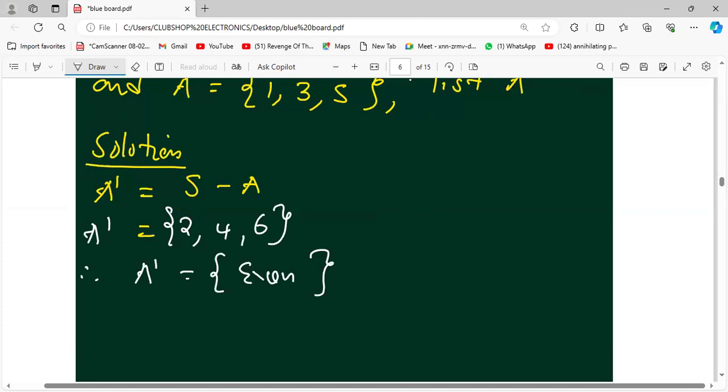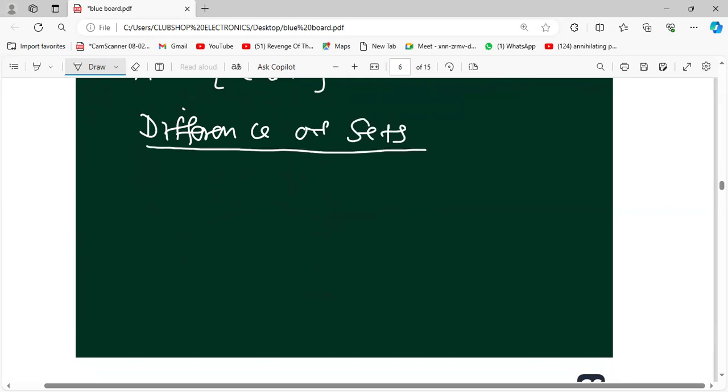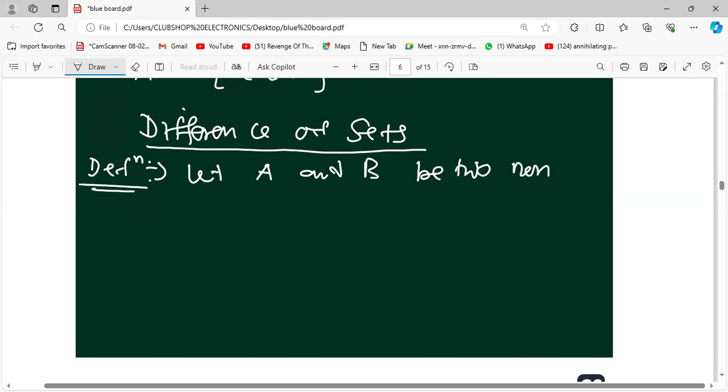Then we move to difference of sets. To do that, we need two sets. So by definition, we would say let A and B be two non-empty sets.